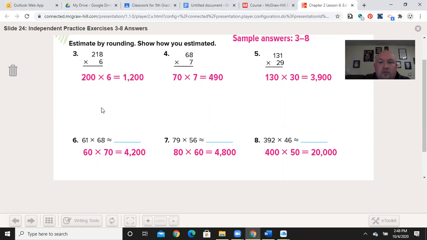So 13 times 3 is 39, add the 2 zeros. Over here, they went to 60 times 70. Then we had 80 times 60 and 400 times 50. So this was all pretty much by rounding. Again, what you choose to round to, if you're rounding to the tens place or the hundreds place, will make a difference on your answer.